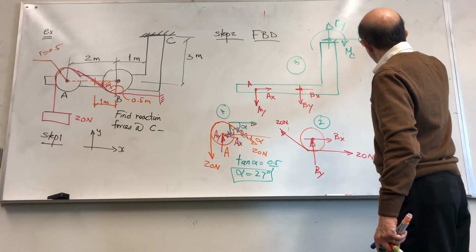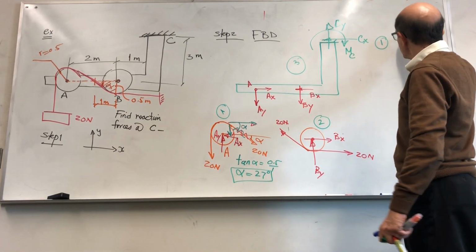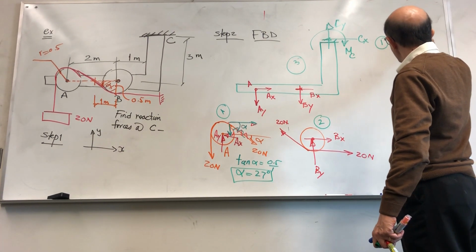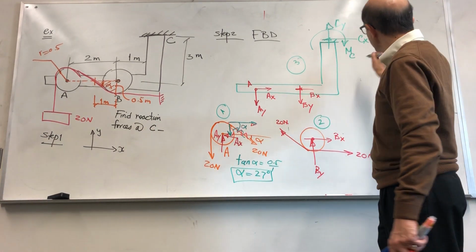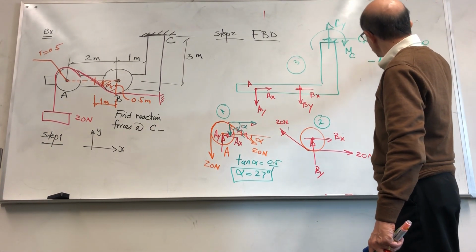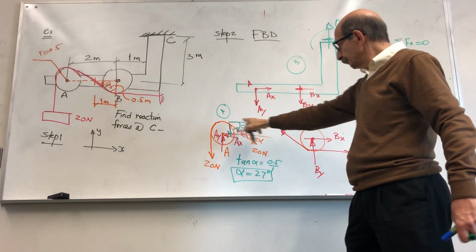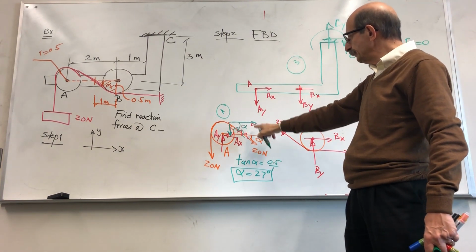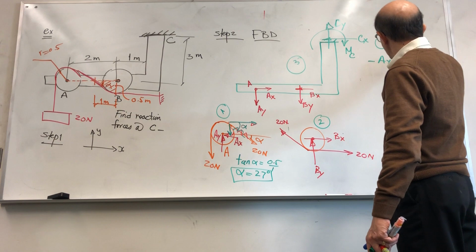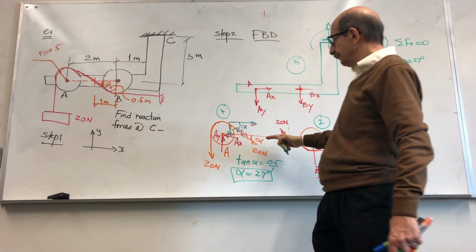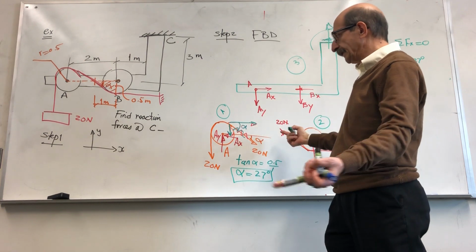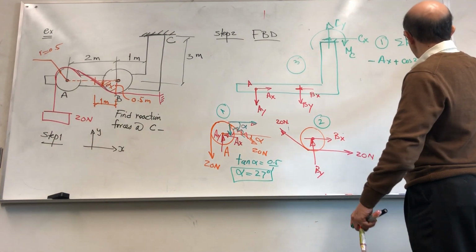For that pulley, I can write summation of forces along x is equal to 0. So you have negative Ax plus this, which is 20 cosine of 27. That's this force, and that's it, is equal to 0.